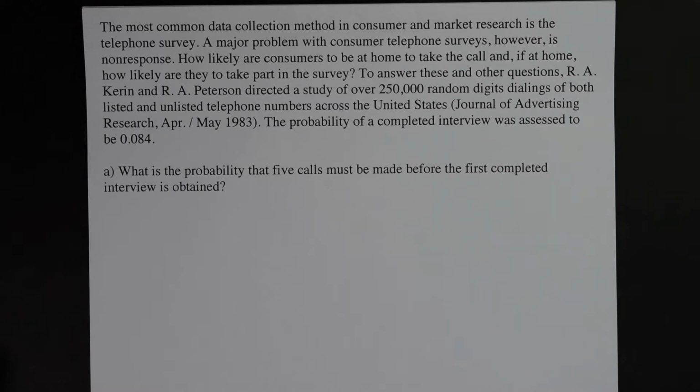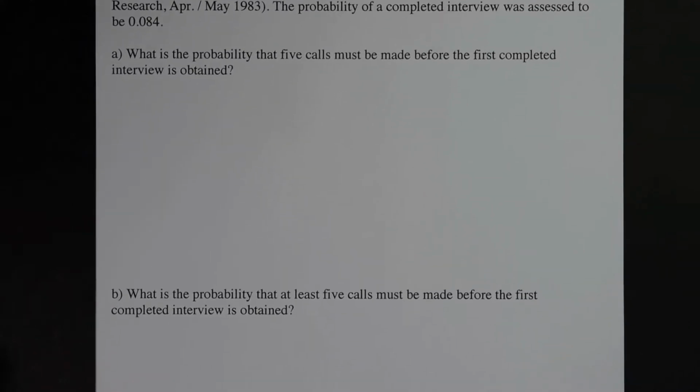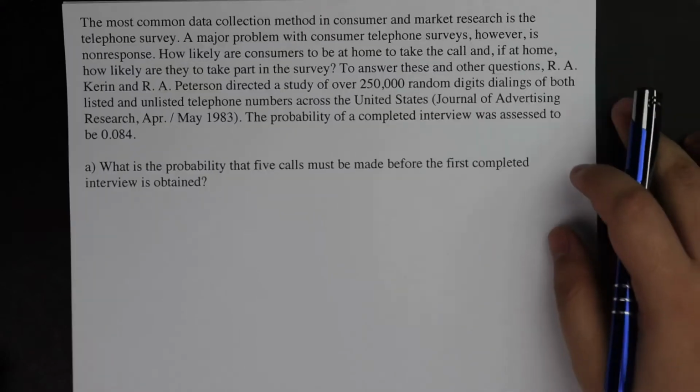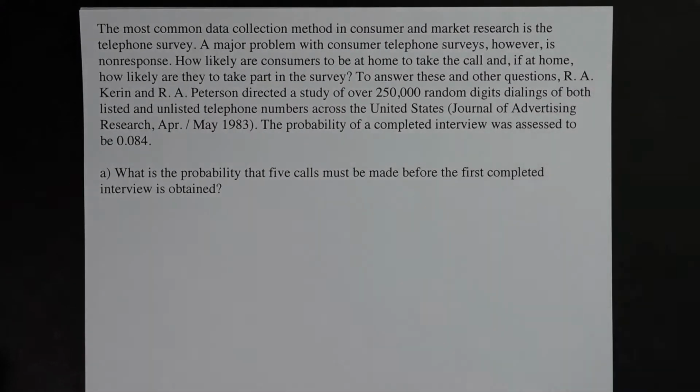That being stated, I do have 3 questions to cover, because I feel that these 3 questions will help encapsulate what to expect for geometric distribution when it comes to the AP Statistics examination. So I'm going to go ahead and get started.